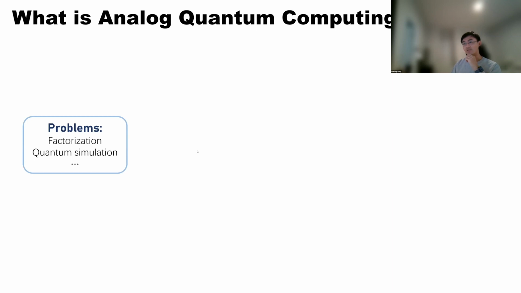So we start with several problems that are specific to quantum computing, like factorization, which can be solved in polynomial time by a quantum computer, and several quantum simulation problems where you are asked to simulate a quantum system and how it evolves in time according to several Hamiltonians. And this can also be done efficiently by quantum computers.